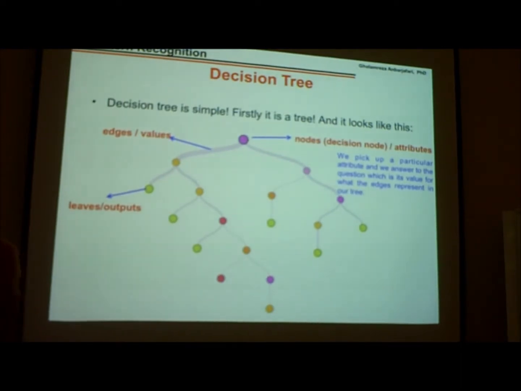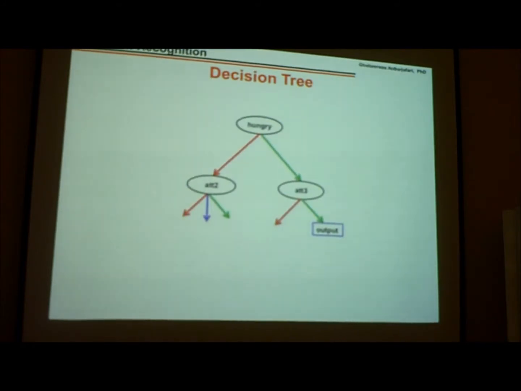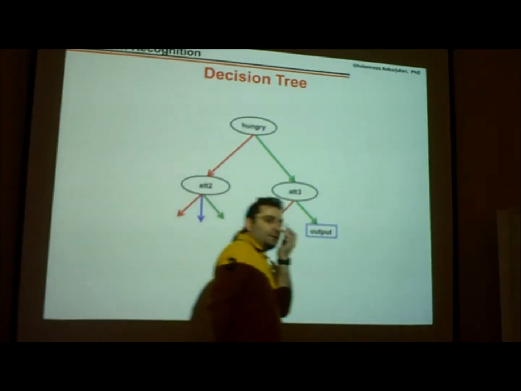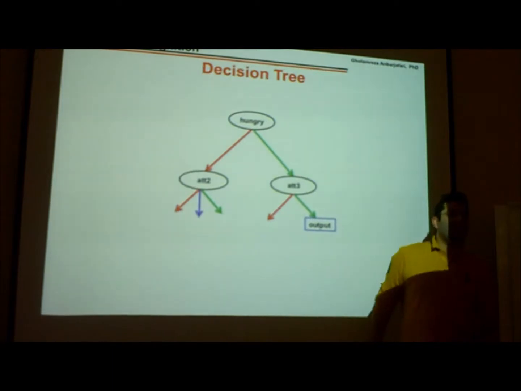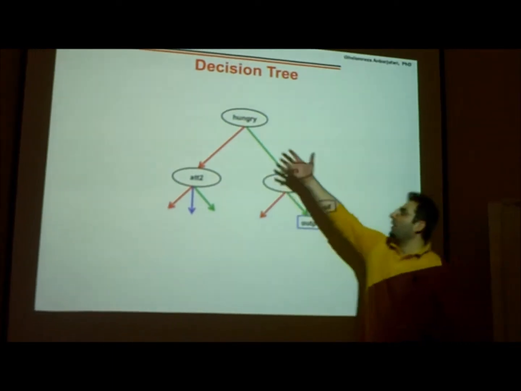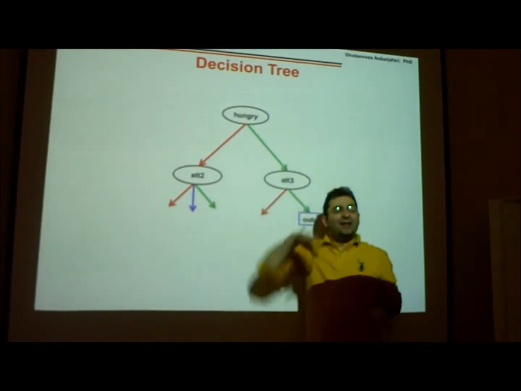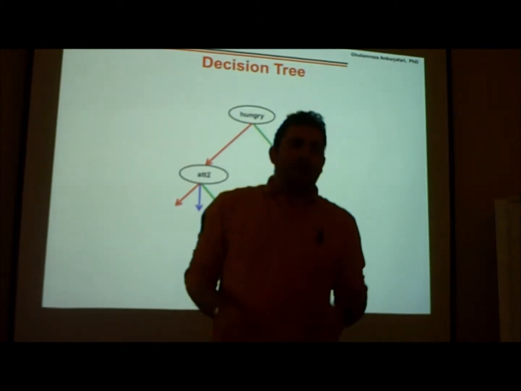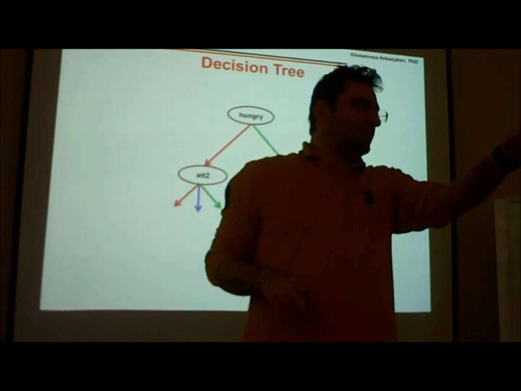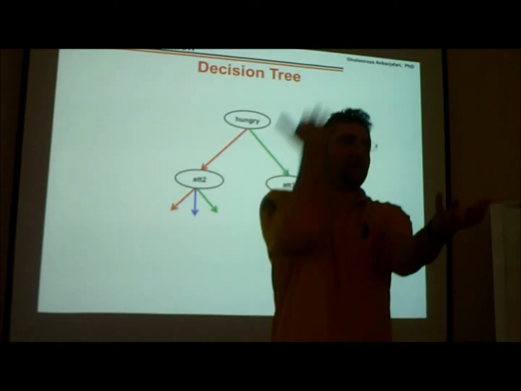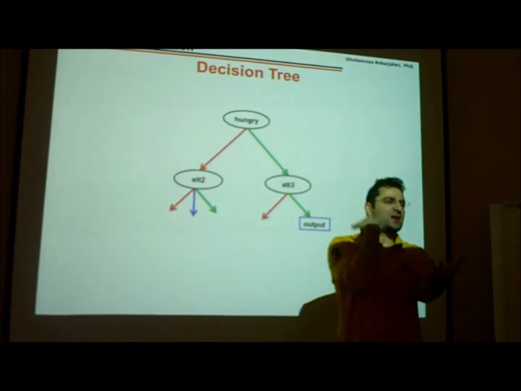Let's go to the example of dating that we have. Let's say we pick the first attribute to be Hungry. Now, what happens in a decision tree is this. The next attribute depends on the previous answer that we have.